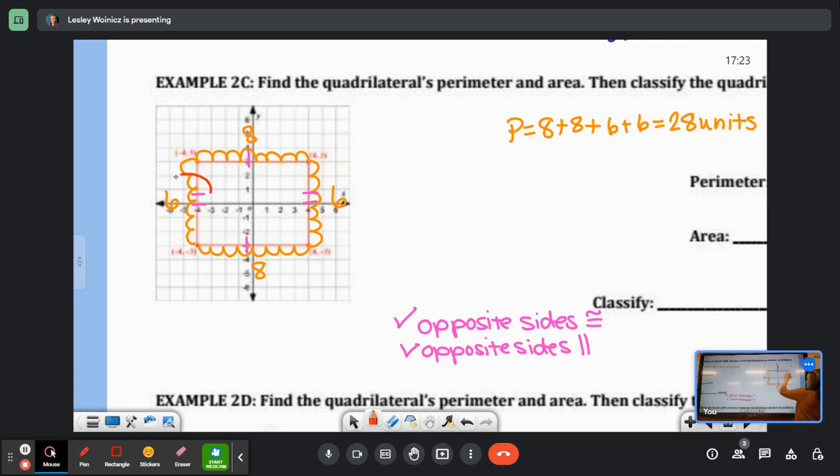Like the 6 and the 8 would be consecutive sides. Not the 6 and the 8. Those are the actual lengths. What I'm trying to say is this side that measures 6 and this side that measures 8 are consecutive sides. That's what I meant.